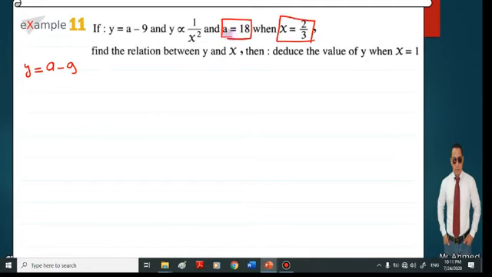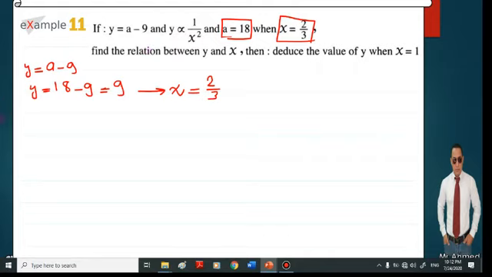By putting a equals 18 in place of a, then y equals 18 minus 9 equals 9 at x equals 2 over 3. Now y equals 9 at x equals 2 over 3. By those two variables I can find the relation between x and y.